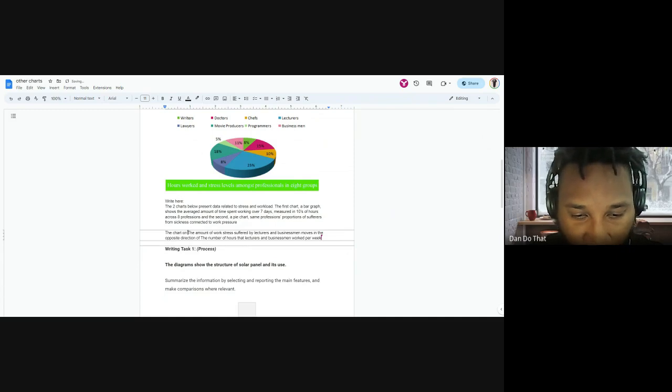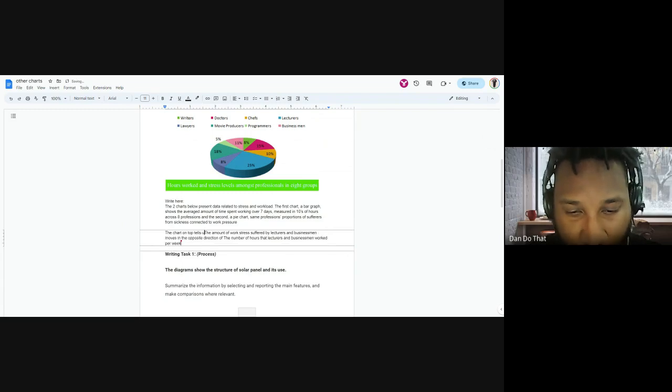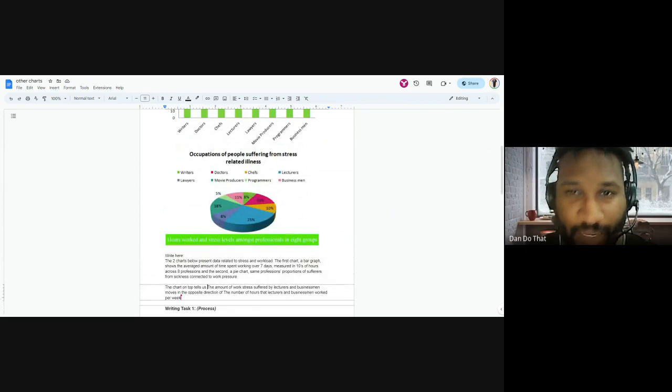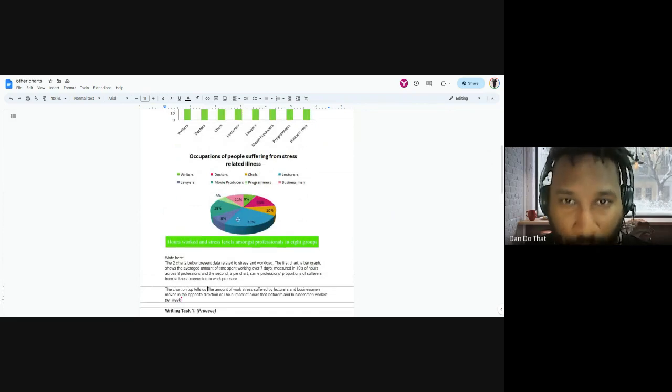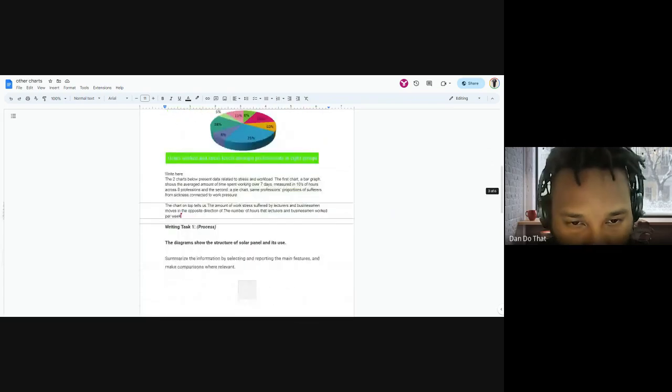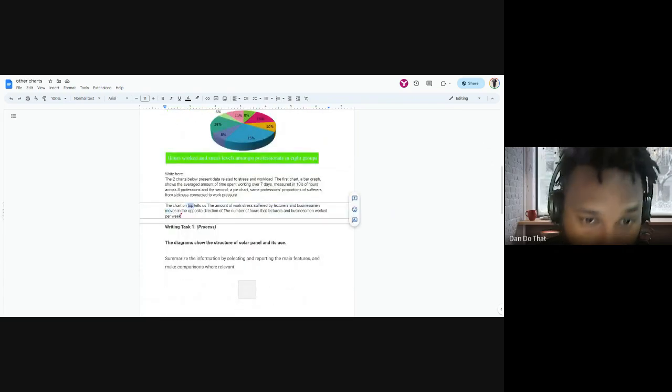Chart on top tells us, and then we describe the line of work stress suffered, right? It tells us that lecturers work much less. Oh, sorry. I'm looking at A and this is B. So this is the chart on the bottom. My bad.